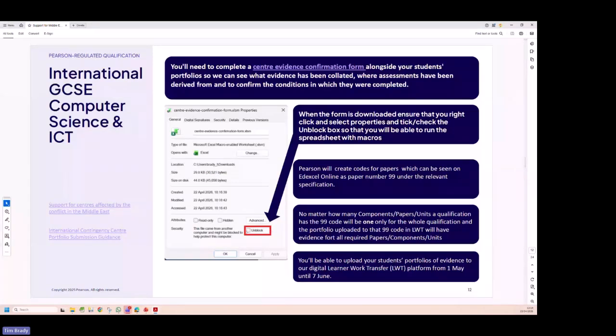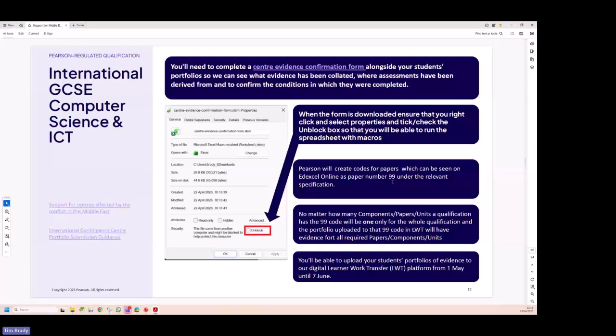And important to understand as well is that IG Computer Science, for example, has two papers, so it would normally have two codes. One code, 199, will count for all components or units for this contingency process.